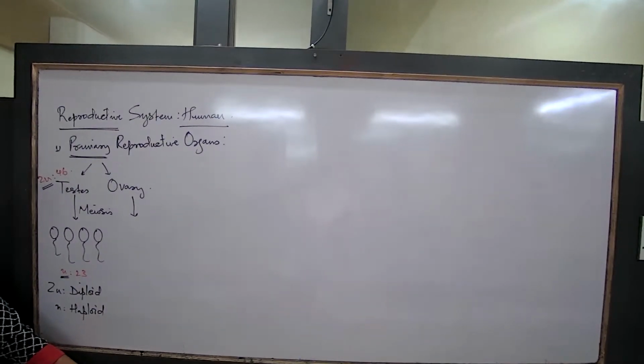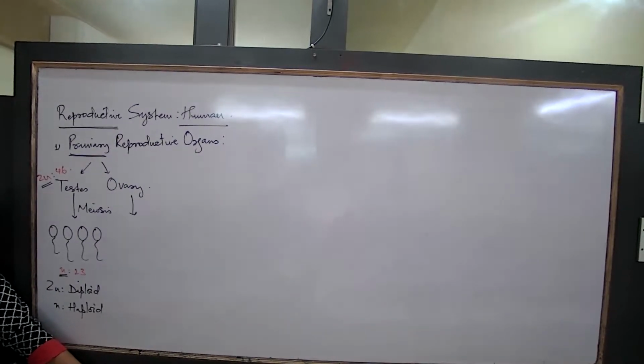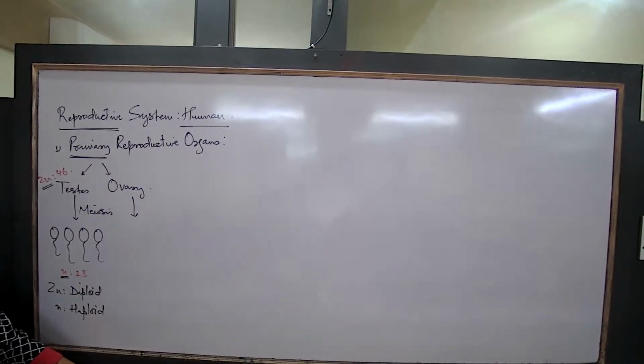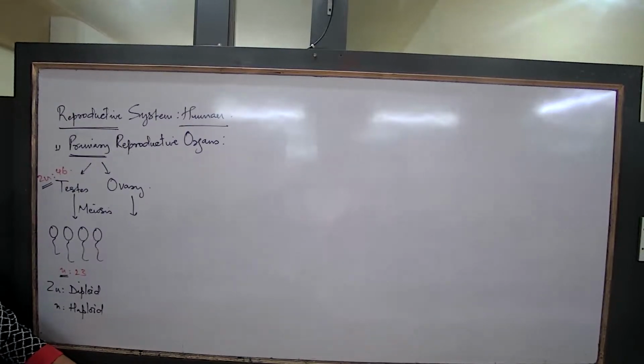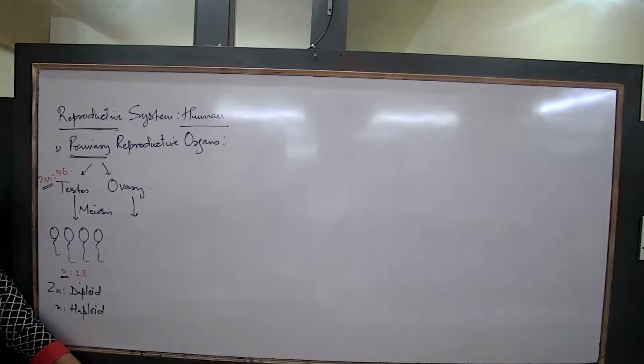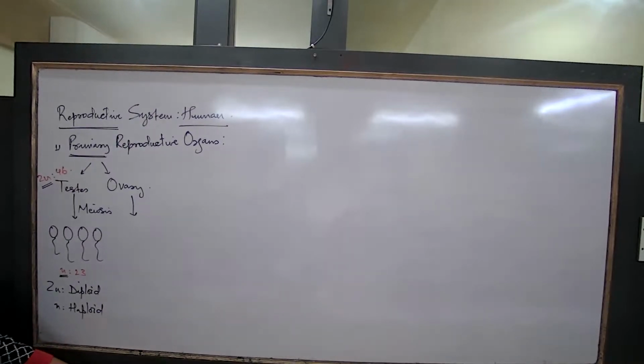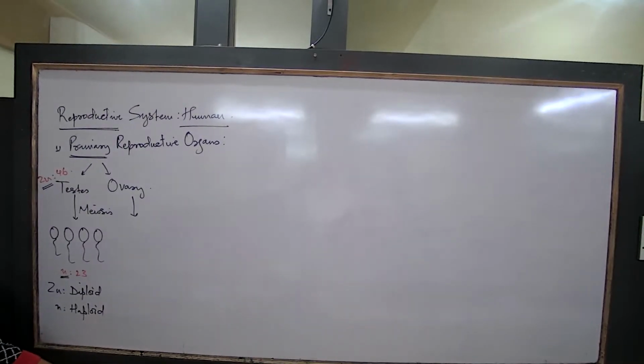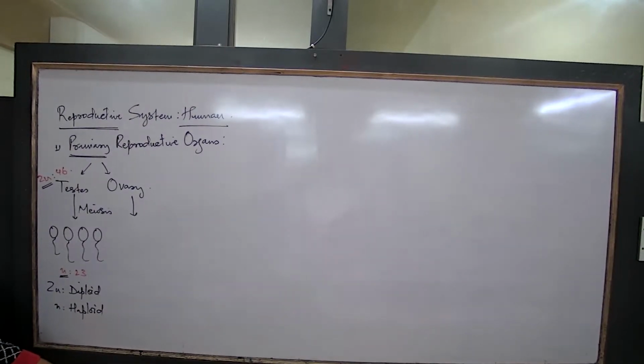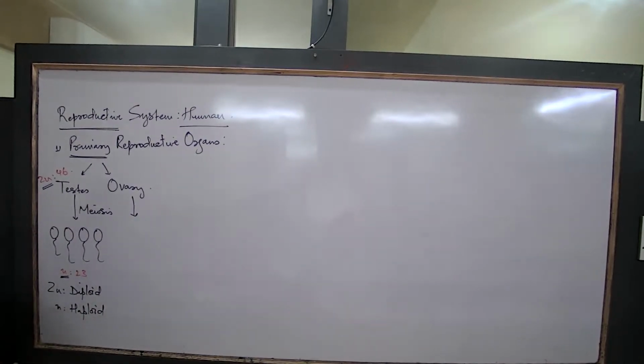What is the number in the bone cells, liver cells, skin cells, muscle cells and stomach cells? 46. The difference is that the cells of the stomach and the intestine are dividing by mitosis. Remember mitosis? So if it is mitosis, how many cells are formed from one cell of the stomach?